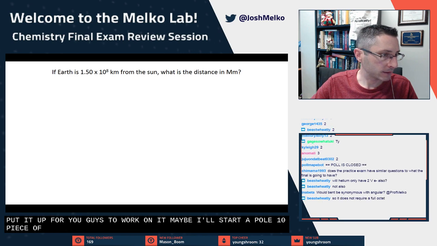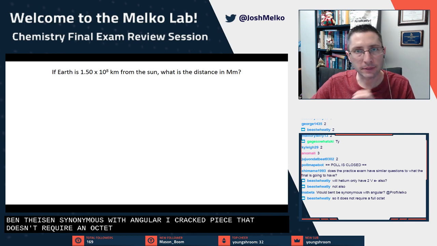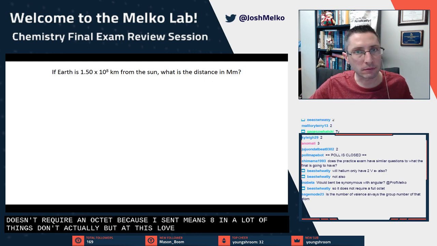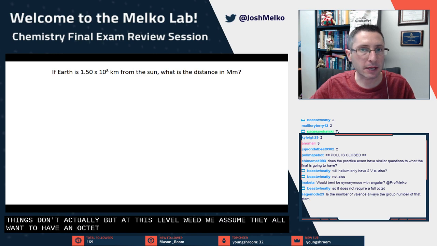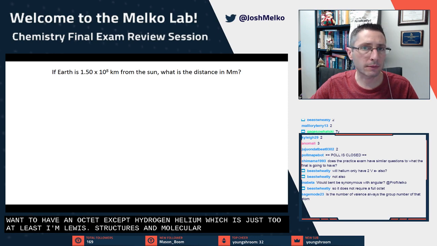Would bent be synonymous with angular? Correct, Beast. It doesn't require an octet, because octet means 8. And a lot of things don't, actually, but at this level, we assume they all want to have an octet, except hydrogen and helium, which is just 2. Angular? I've never actually heard of shapes being angular, at least in Lewis dot structures and molecular geometries.